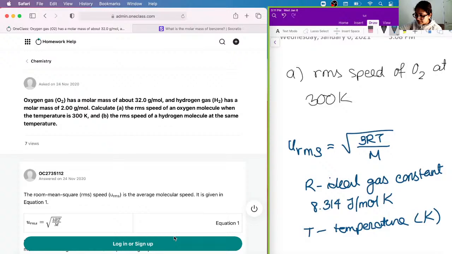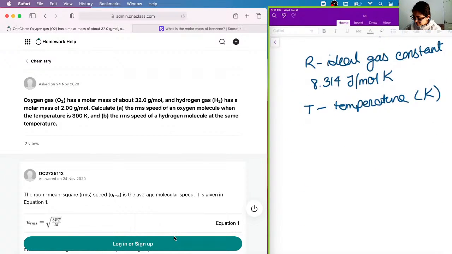And M is the molar mass of the gas. So in this case, it's going to be grams per mole, right?